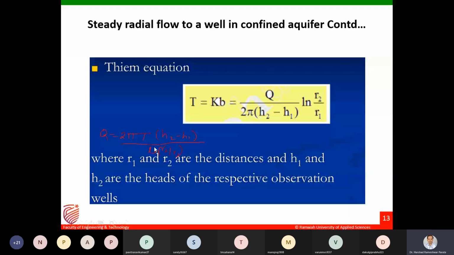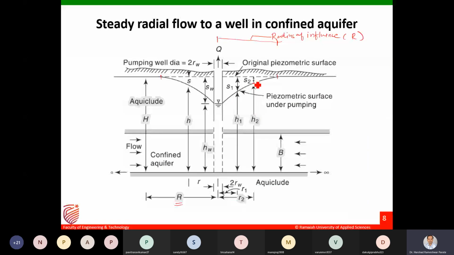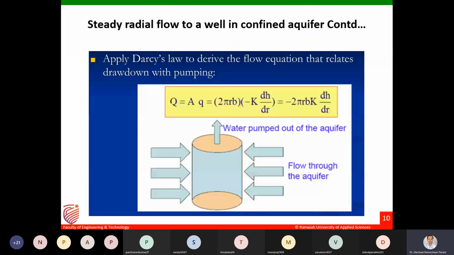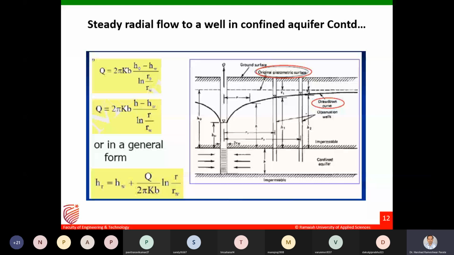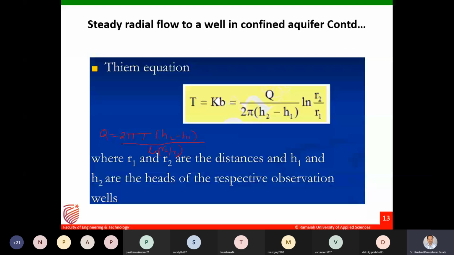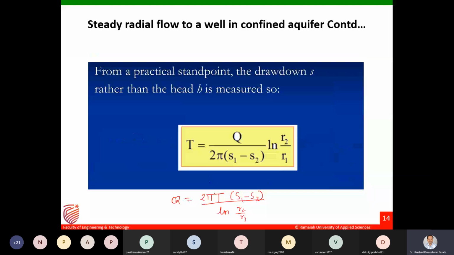That is why we write S1 minus S2, and you will get a positive value here. Okay, so this formula is clear for the confined aquifer. This you should remember.